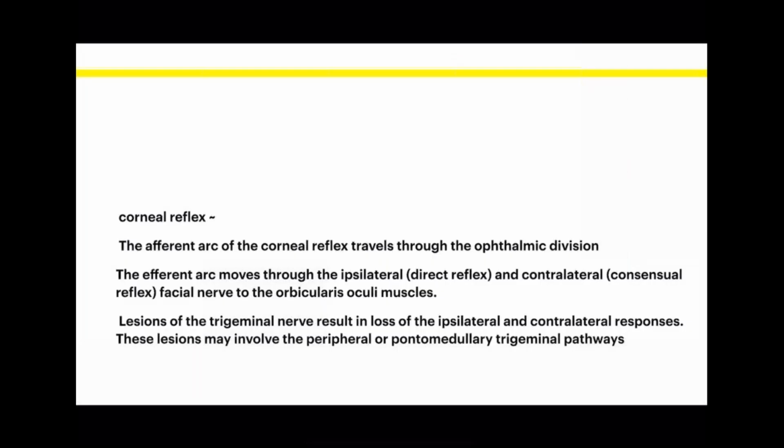Just remember, for the corneal reflex, we need intact not only the fifth nerve, but also the seventh nerve, because the afferent, the sensation, goes from the cornea and travels through the ophthalmic division, but the efferent moves through the ipsilateral, which is the direct, and contralateral, consensual, facial nerve to give a signal to the orbicularis muscles to close, because obviously you cannot close one eye. It's like a defense mechanism. You need to close both eyes in case of any threat.